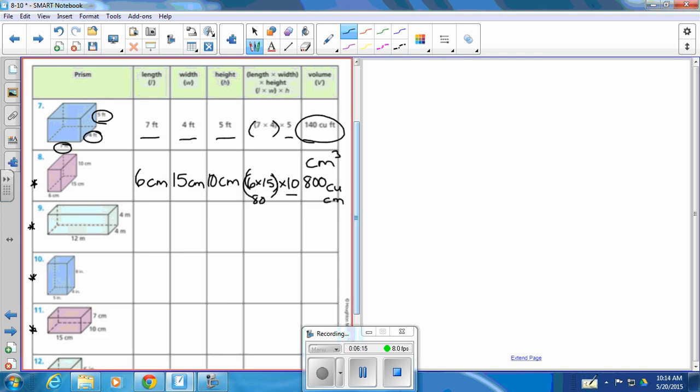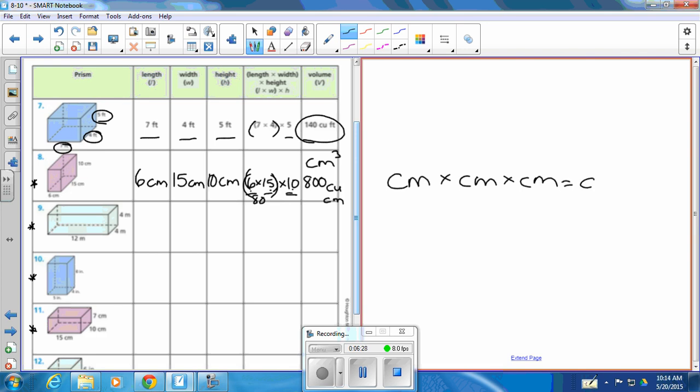Because a cube seems like it should be 4 because we're looking at 3 measurements. So we are multiplying centimeters times centimeters times centimeters. How many times are we multiplying it? 3. That's why you use that 3 exponent for cubic centimeters.